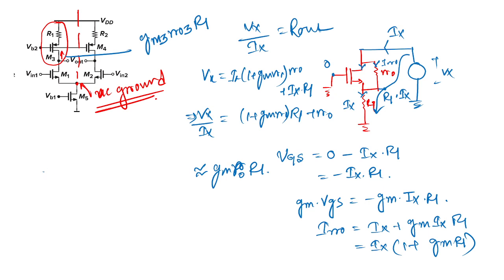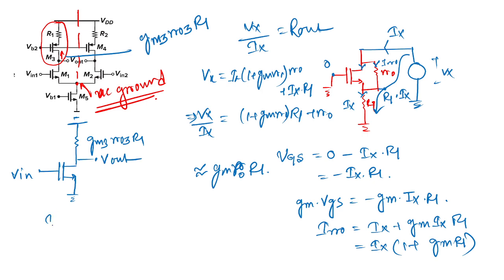Now if I modify the circuit, it will basically look like this. This is AC ground, and this resistance will be replaced by Gm3 RO3 R1, and this is Vin, this is my Vout.